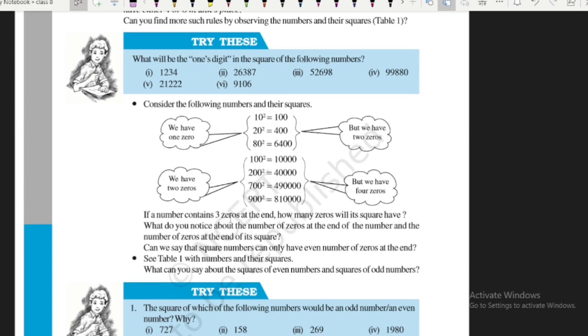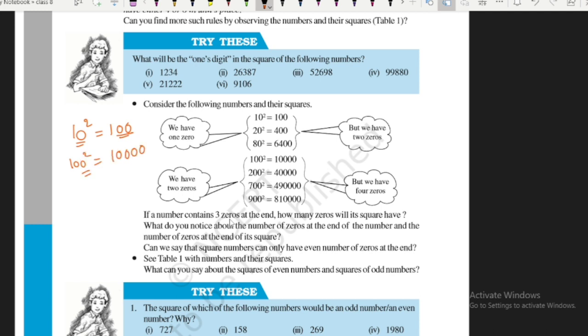Next, you can see the square of a number. For example, if you want to find 10 square, it will be 100. If the last place of a number is 0, its square ends with twice that many zeros. 10 square is 100, so 100 square we can write as 10,000.